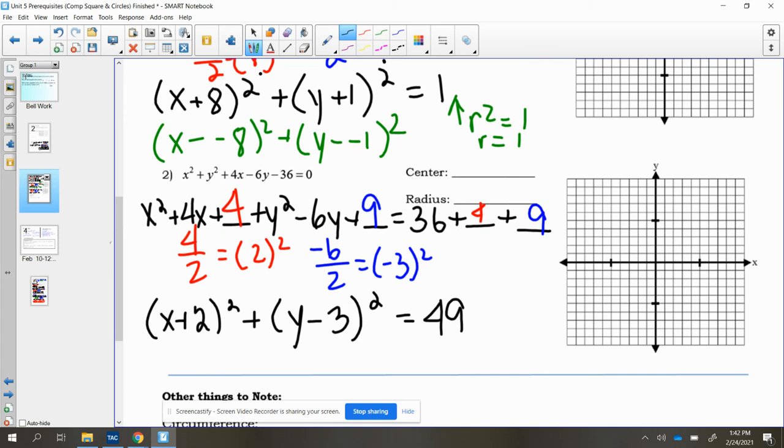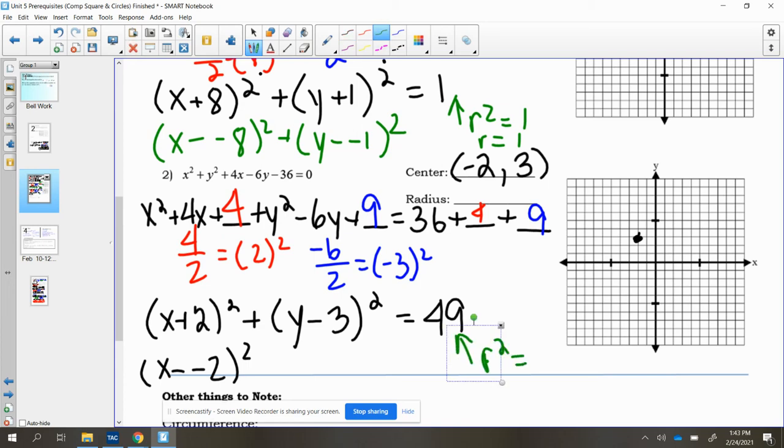So our center is at -2, +3. Again, reminder, x minus a negative for that k value. So -2, +3 is our center. And then the radius is going to be the square root of 49, which is 7.